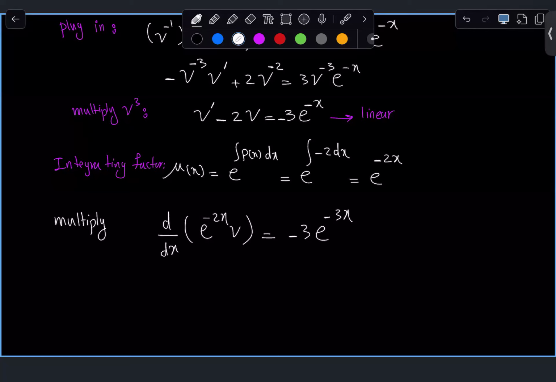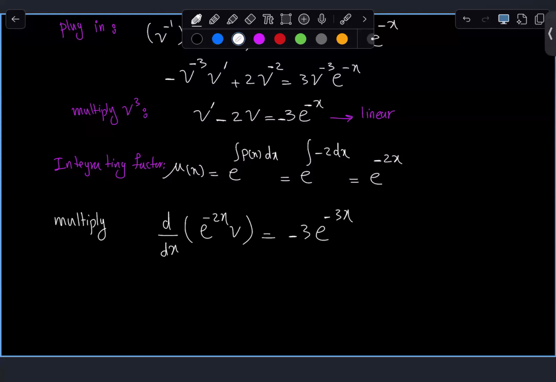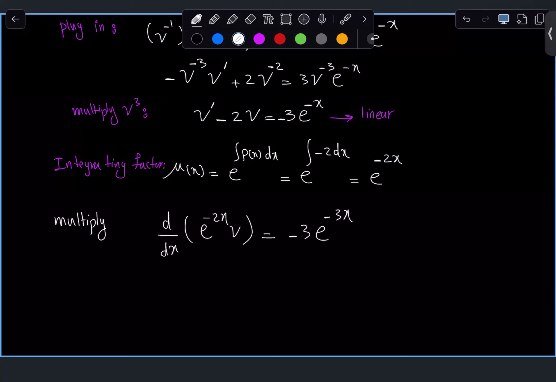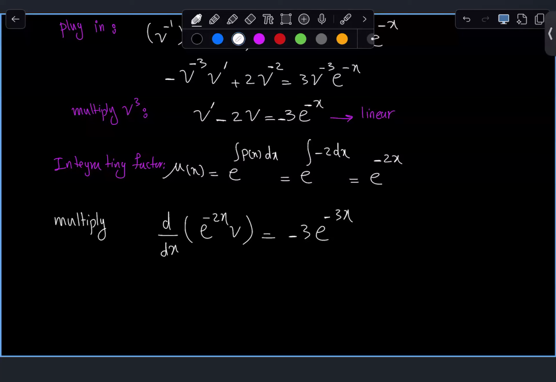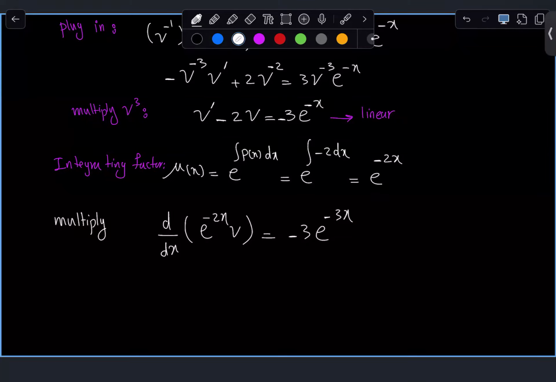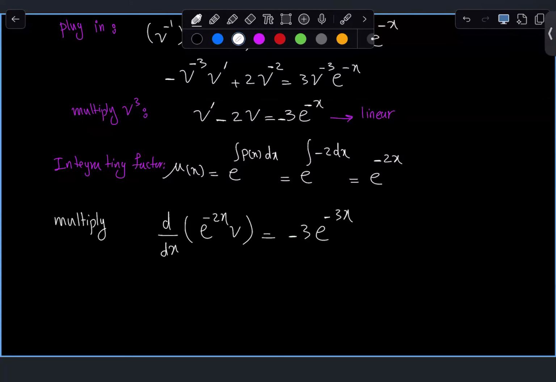You can verify that. We don't have much time, so I'm not going to verify it, but you can verify that this is true. You take this mu, multiply by this term, and this term, and the left-hand side should be writable as just a derivative of the unknown function times the integrating factor. Okay, and the right-hand side is e to the -2x times this.